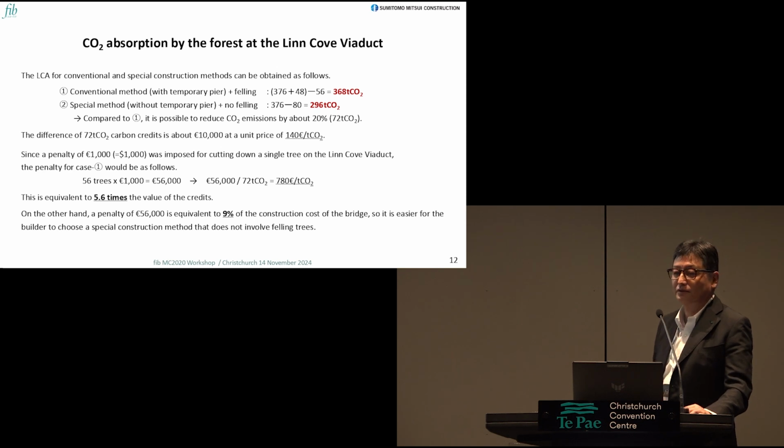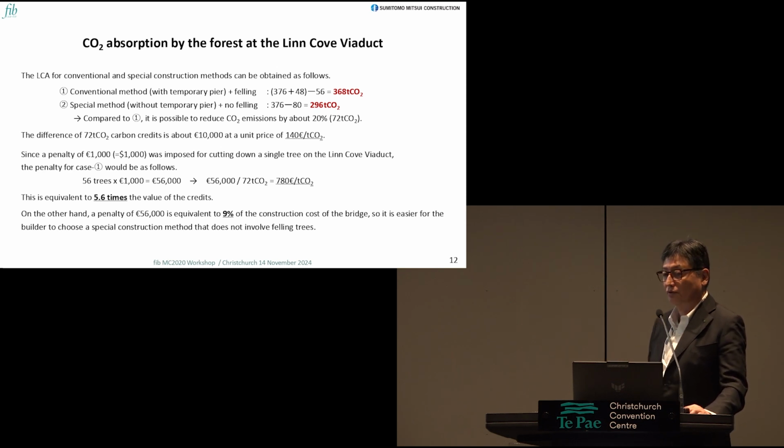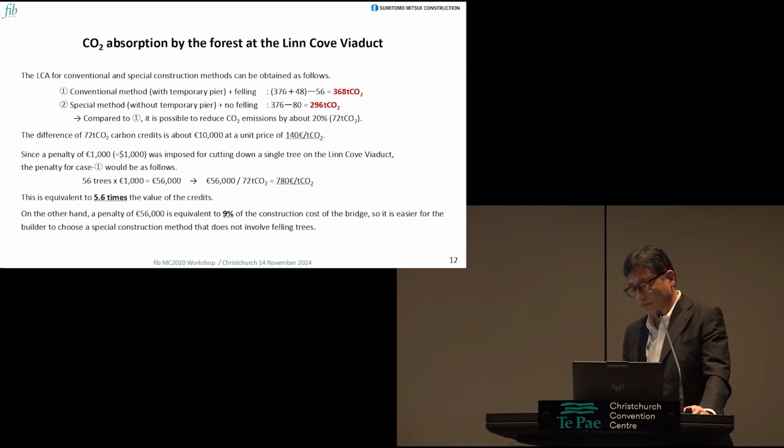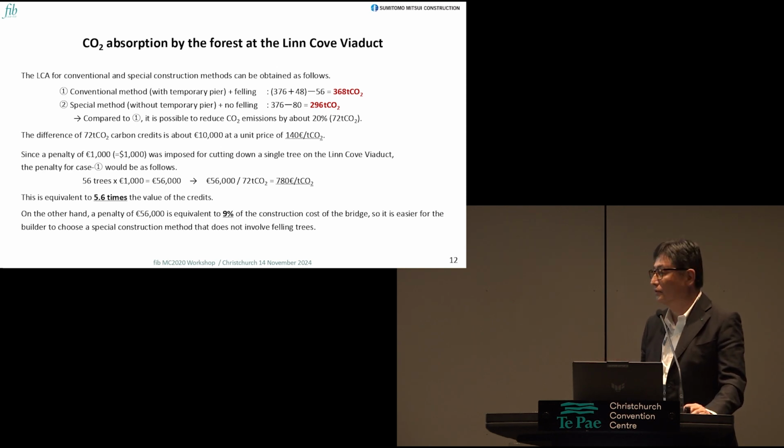So there is a 90% difference between cutting the trees and using this special construction method. So the $1,000 penalty is a good level to choose to preserve the trees. So this kind of pre-calculation in the design process will be needed in the near future.